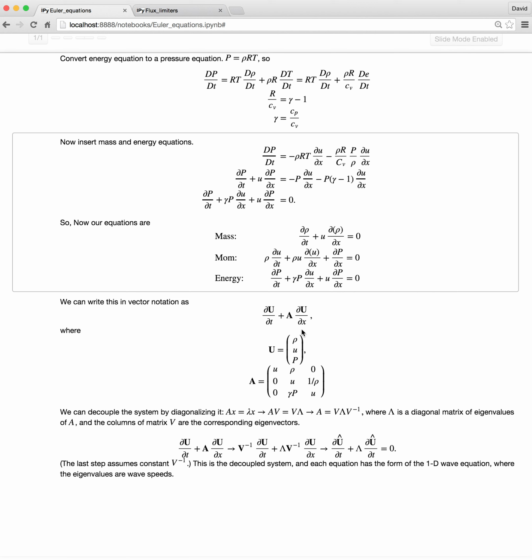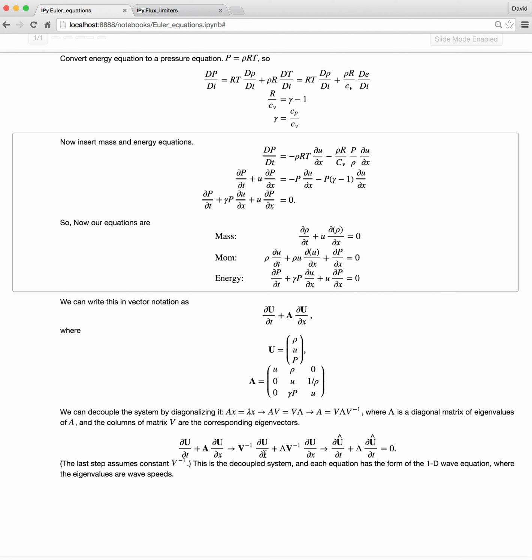So if we take our system of equations here, dU dt plus A dU dx, and we multiply through by the inverse of V, then we can represent this system as V inverse dU dt plus lambda V inverse dU dx.